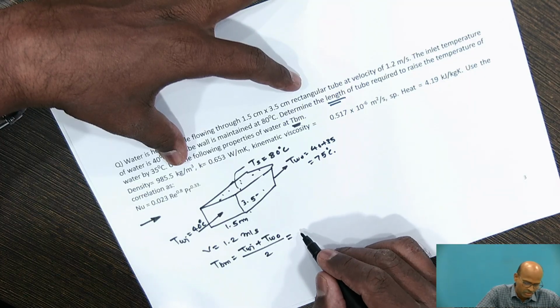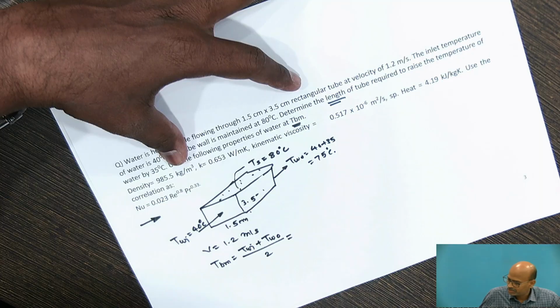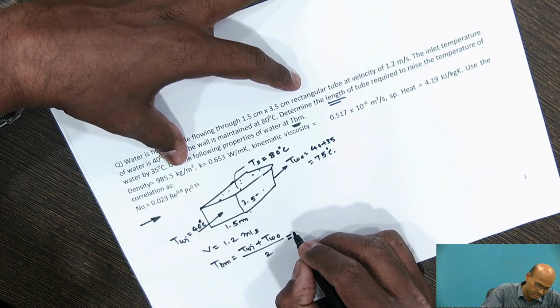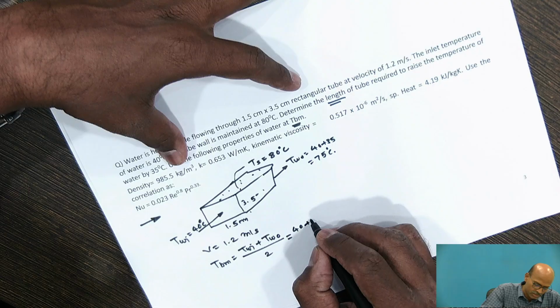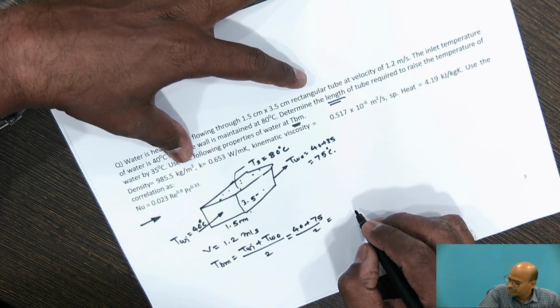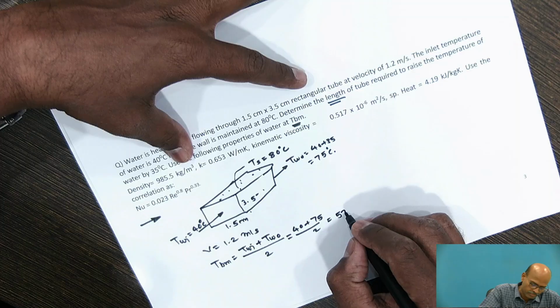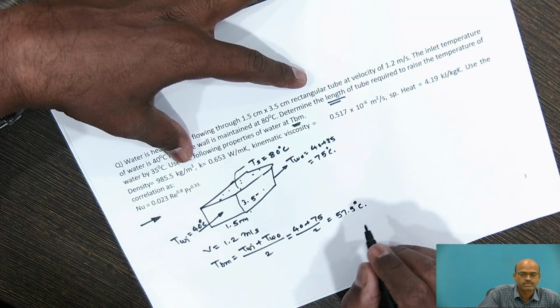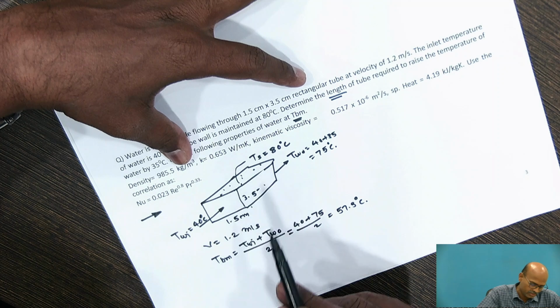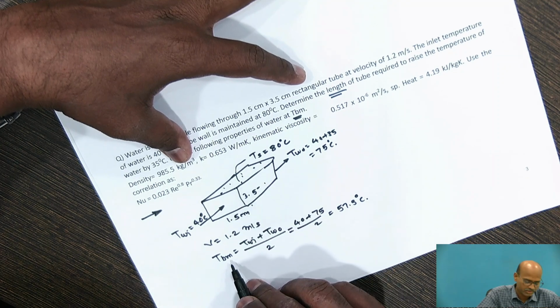If you substitute it, 40 plus 75 by 2, it comes as 57.5 degrees Celsius. Okay. So, this is the surface temperature, this is the bulk mean temperature.